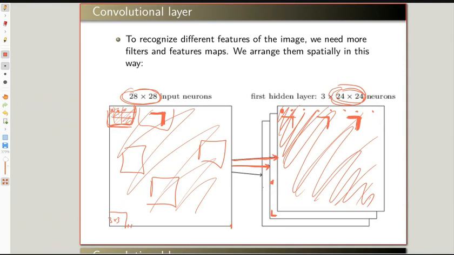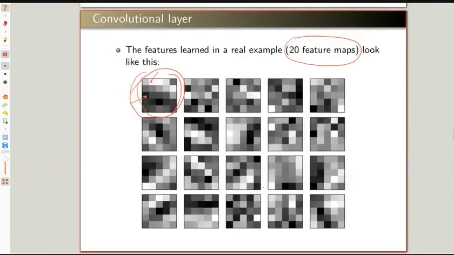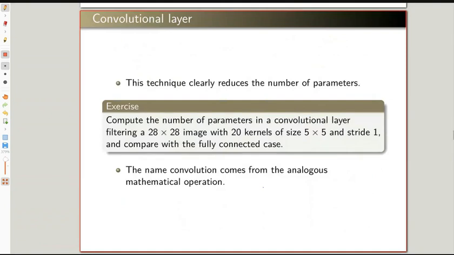Of course, it depends also on the stride. If you move by 1 pixel, then you obtain this number. If you move by 3 pixels, then you obtain a much smaller number. Yes, that 24 was probably given by a 5 by 5 receptive field.